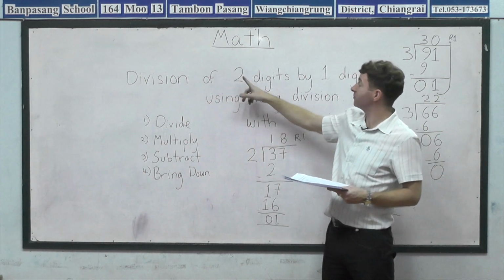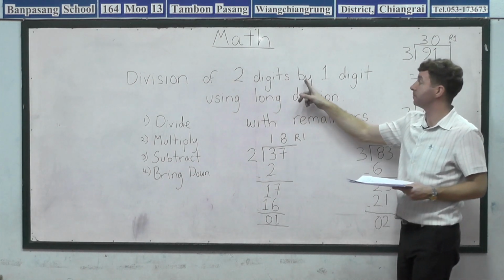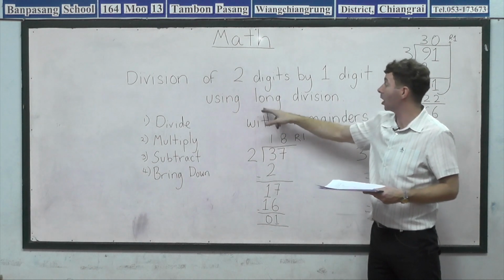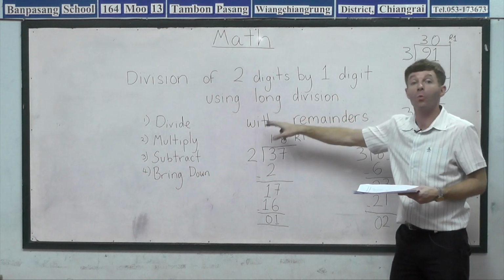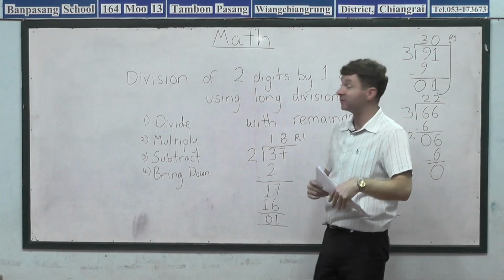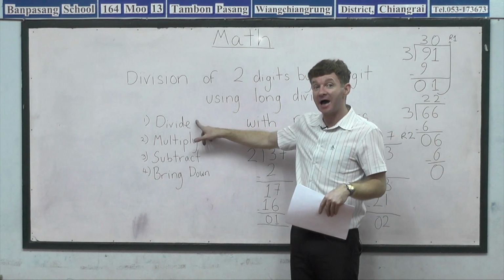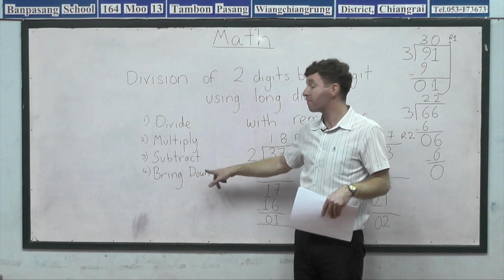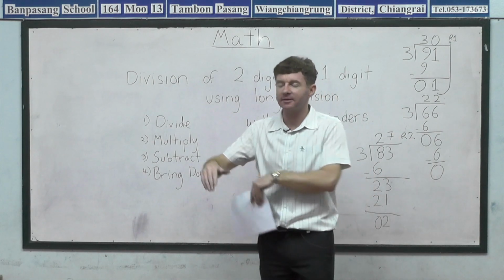Division of 2 digits by 1 digit using long division with remainders. And our 4 steps always to remember: divide, multiply, subtract, bring down. Excellent, guys. Great job.